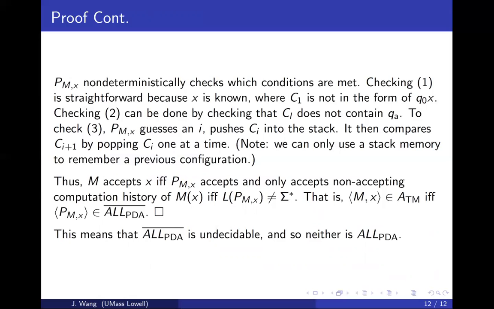To check 3, P sub M comma X simply guesses I, one of the configurations in the middle, and pushes CI onto its stack. Then it compares it with CI plus 1, which is in reverse order.